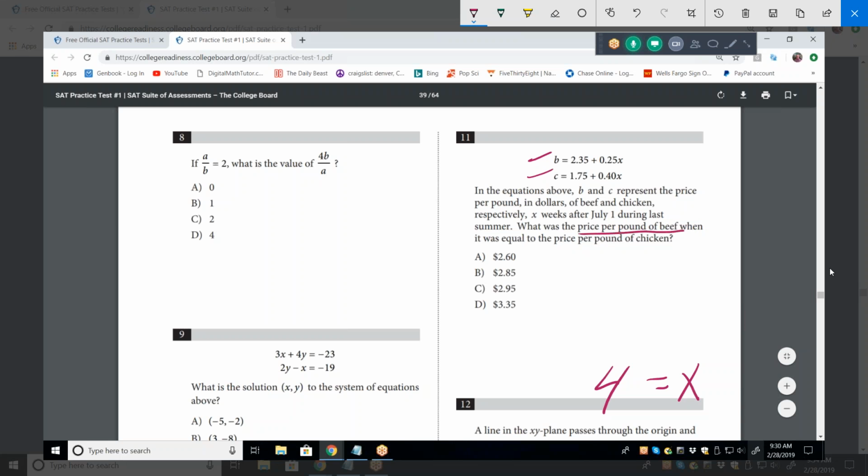So they want to know what B is equal to when X is 4. What's 0.25 times 4? 1. So what's the price? $3.35. There you go.